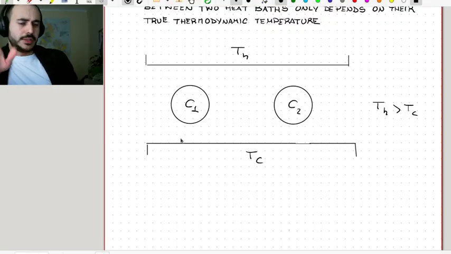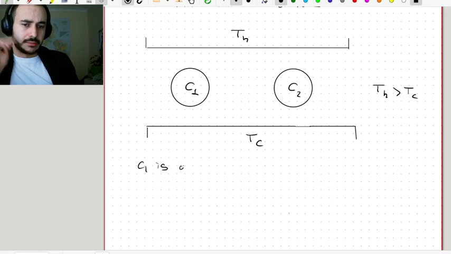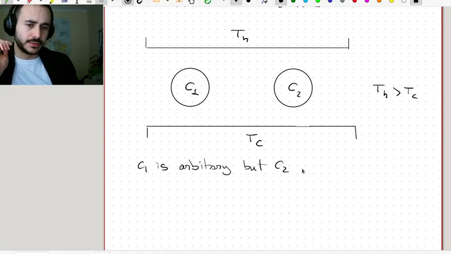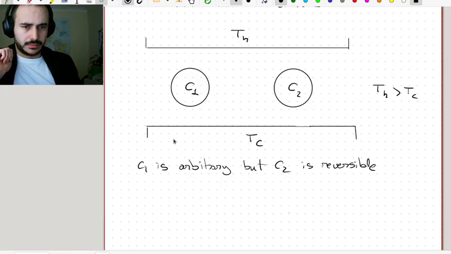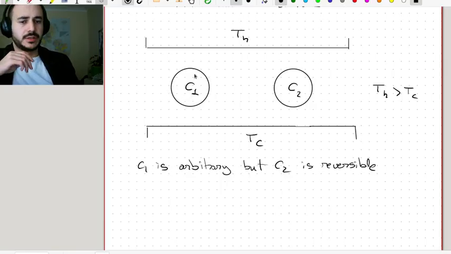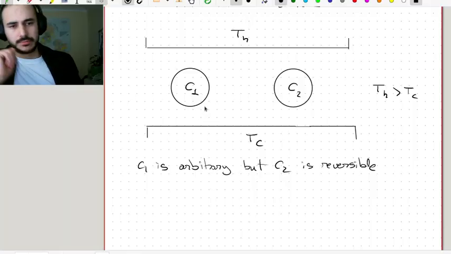They are completely general, and the only thing I'm going to say is that this C1 is arbitrary, so it could be reversible or irreversible, but C2 is reversible. That's the only thing I'm going to say. Note, in particular, I'm not saying which thermodynamic cycle it is. I'm not saying, for instance, that this C1, which is arbitrary and maybe irreversible, is the Ericsson cycle run in an ideal gas.